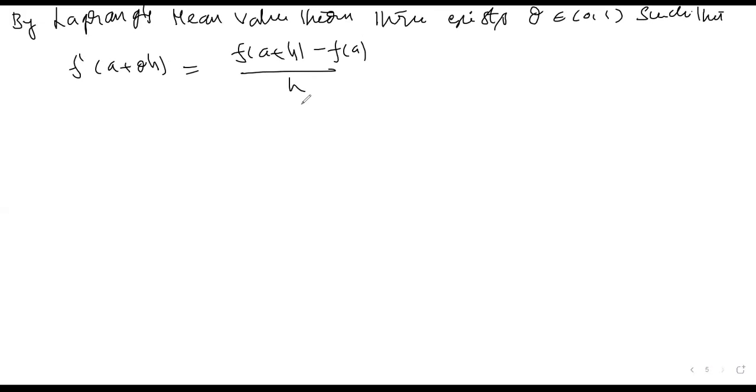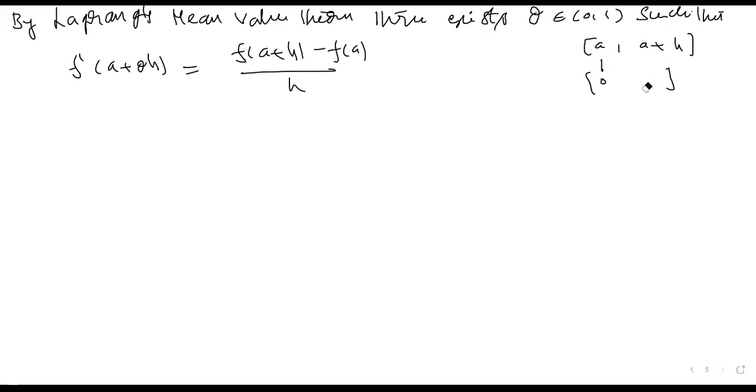But in this problem, already you know what x is. Here a comma a plus h is our interval. But a equals 0. Yes, a plus h means 0 plus h, and 0 plus h equals x.